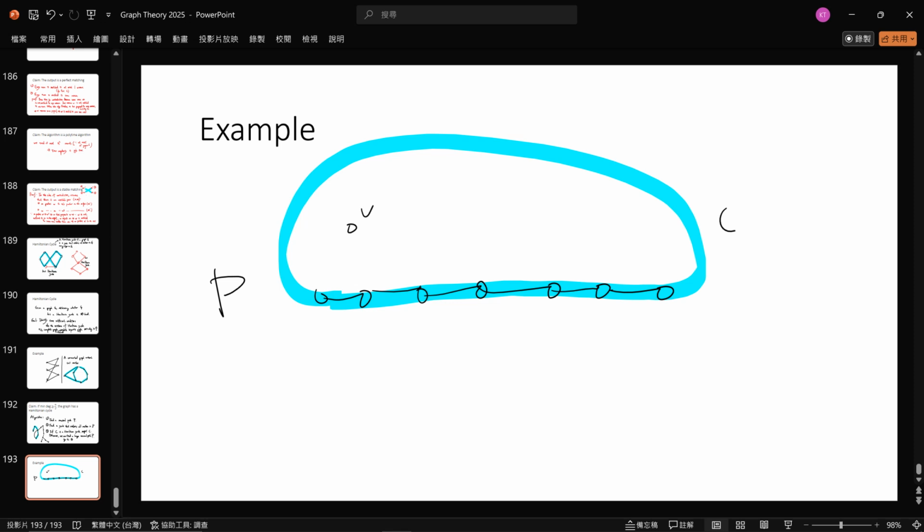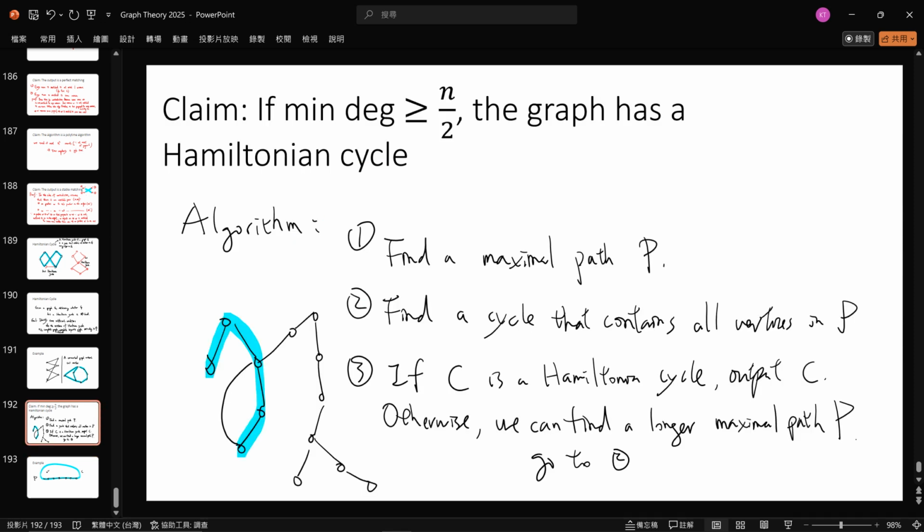And I claim we can then find a path that is longer than this path P. 所以大家看得出来为什么吗？ This is under the assumption that the minimum degree is at least n over 2.